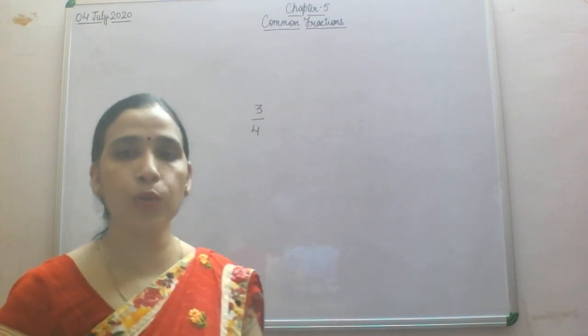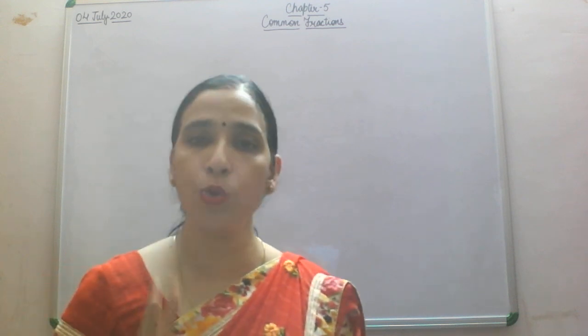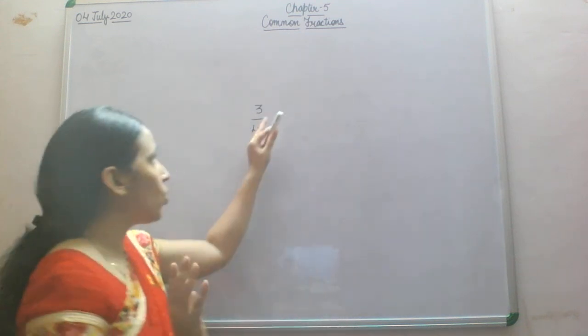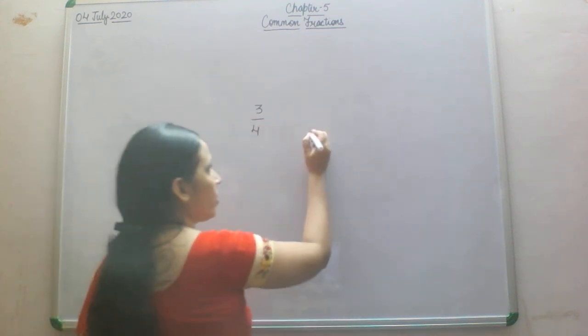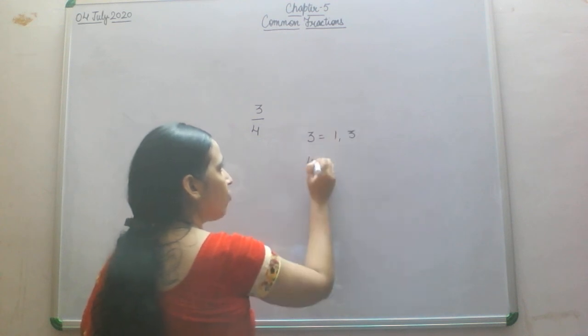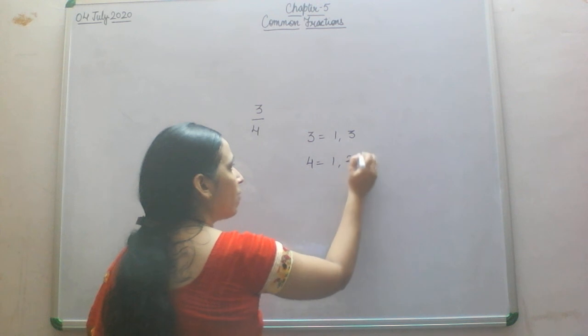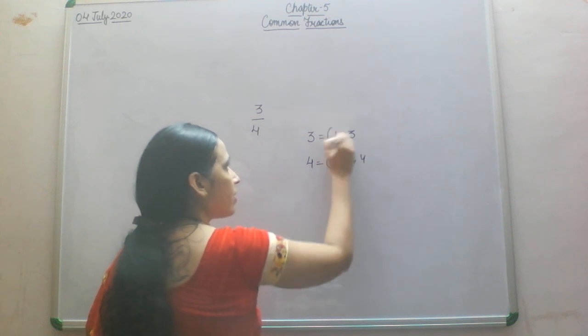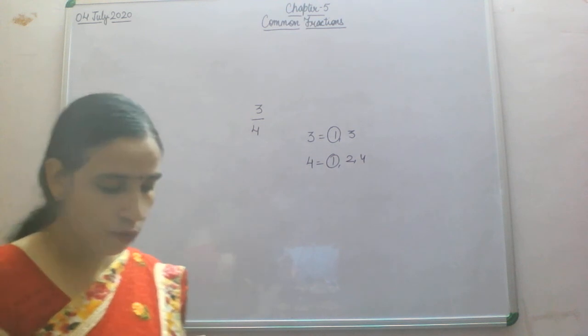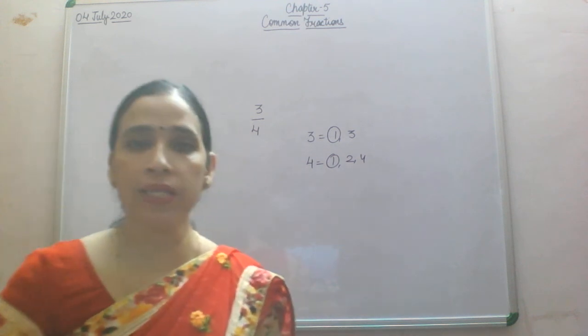Prime numbers are those numbers which have only two factors, 1 and the number itself. Now the common factors of 3 and 4. Factors of 3 are 1 and 3, and factors of 4 are 1, 2 and 4. So what are the common factors here? 1 is the common factor. So we will say that 3 by 4 is in its lowest term.